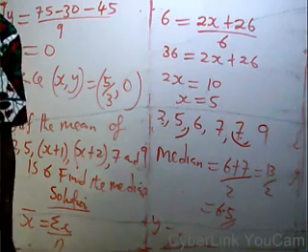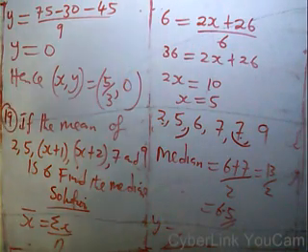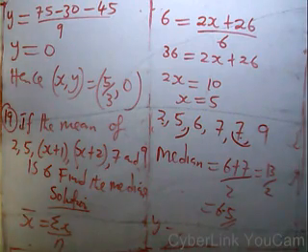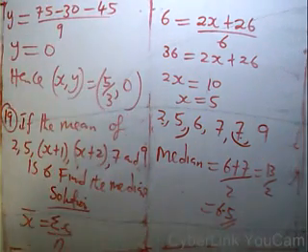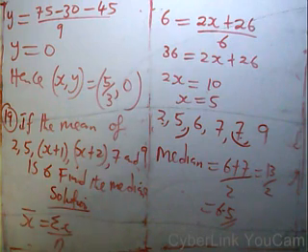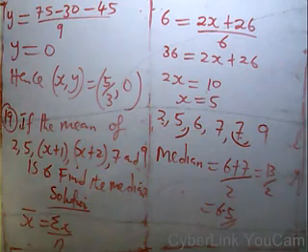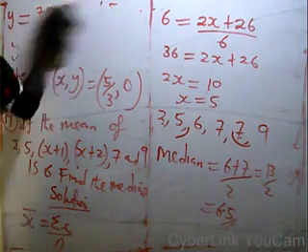So that is that. The last question, which is question 20, we have to find the mean deviation of 5, 8, 2, 9, and 6. That is the last question. I hope you have understood all this. Don't mind my writing, I'm in a hurry.